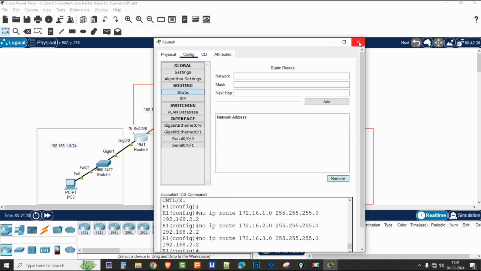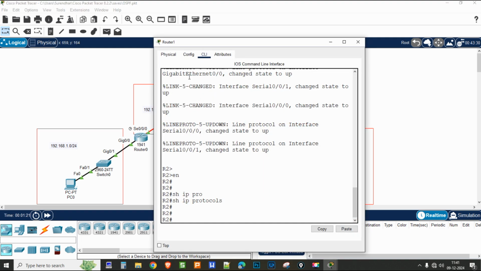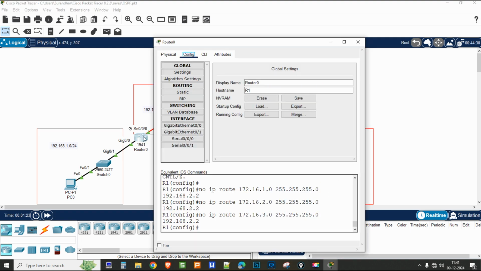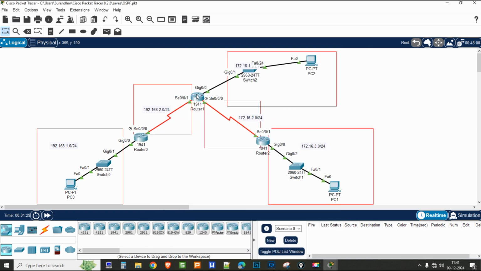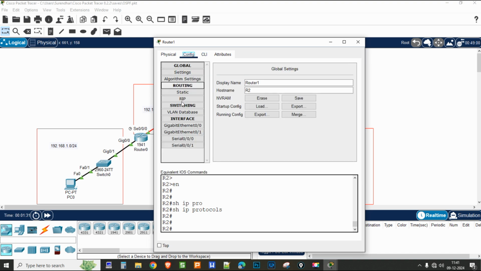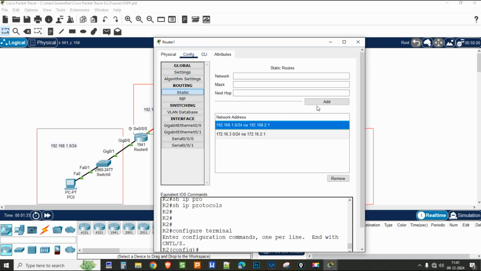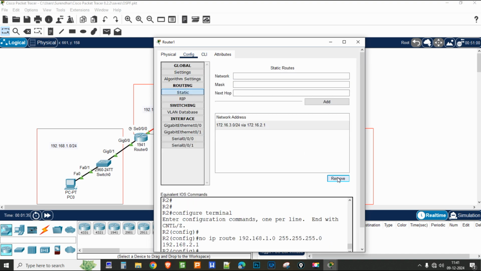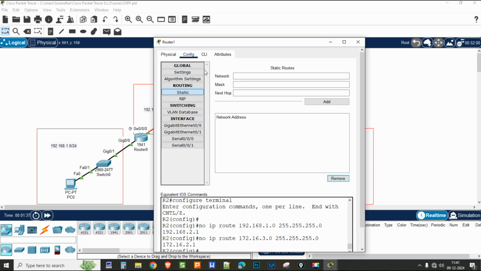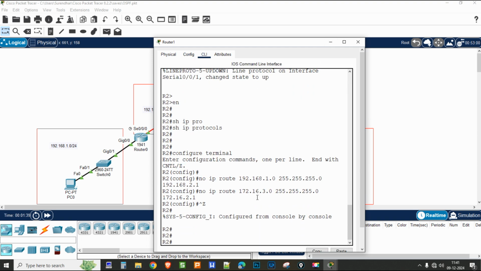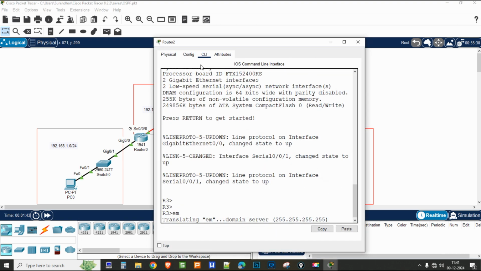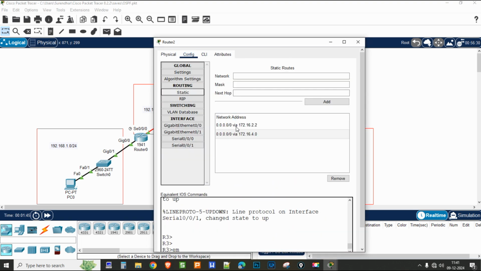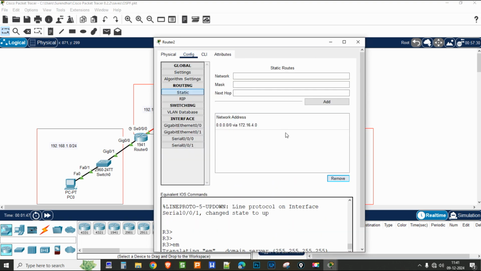A static route mainly needs the network administrator. You can see I removed only the static route. This is the default static route.